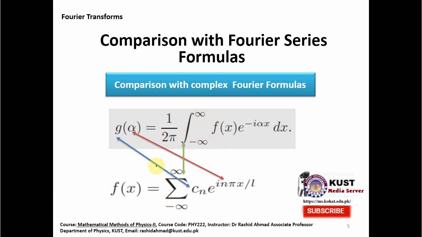So from this comparison, you might be able to see how this continuous thing for non-periodic functions is just an extension or modification of the discrete and periodic thing.